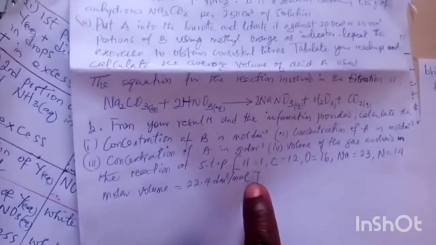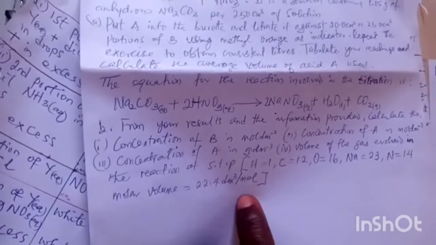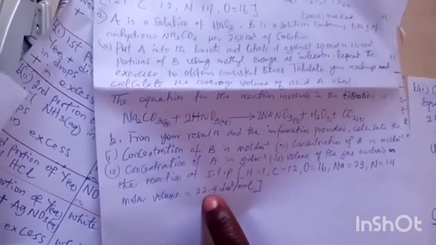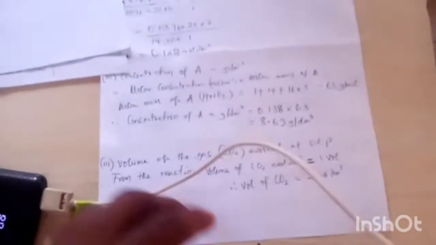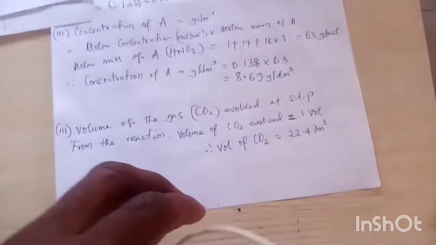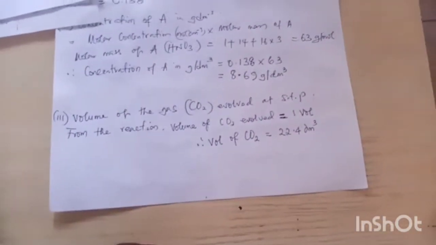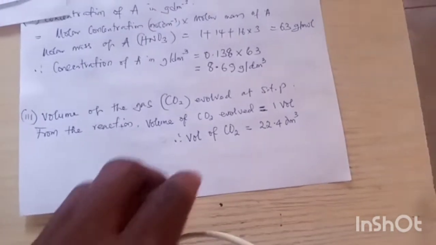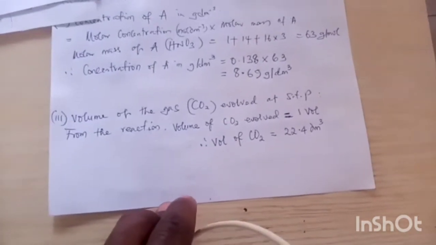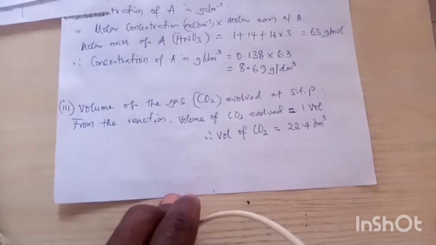So 1 mole of any gas has a volume of 22.4 dm³ at STP. Therefore, the volume of the 1 mole of carbon(IV) oxide evolved during this reaction will be equal to 22.4 dm³.